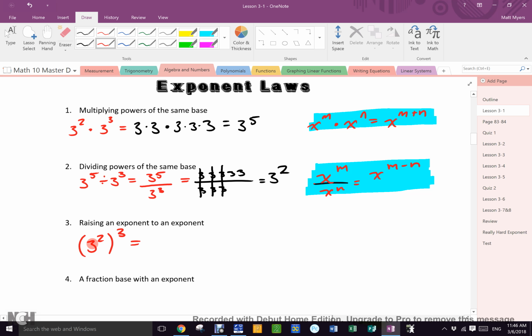What is the exponent in number 3? 3. So that means I have 3 squared how many times? Thrice. And you can quite plainly see that 2 is repeated 3 times. So it is really 3 to the 6th.